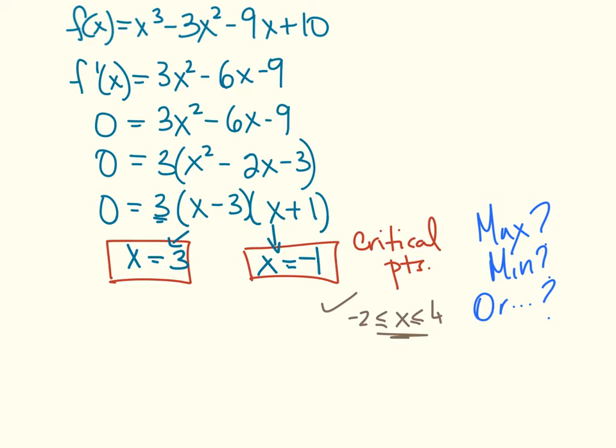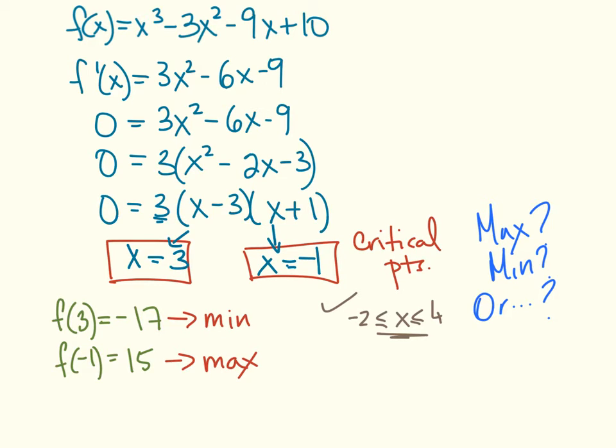Now we sub x equals 3 and x equals -1 into the original function f of x, and the highest value is obviously going to be your max, and the lowest value your min. When you're left with these two numbers and you're not sure which is the max or the min, the obvious thing is to plug them in and see which one's higher and which one's lower.